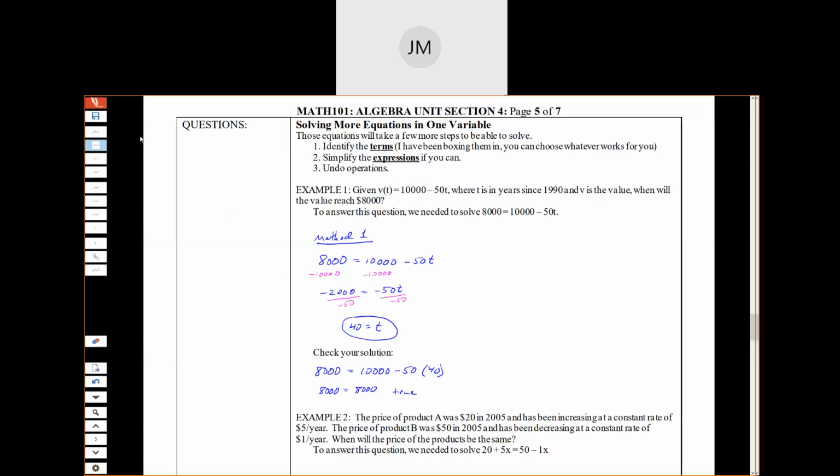Okay. The other method that we can use to solve this is the graph. I can say, all right, y1 is going to equal 8,000. y2 is going to equal 10,000 minus 50t. Okay, and I want to find where they intersect.